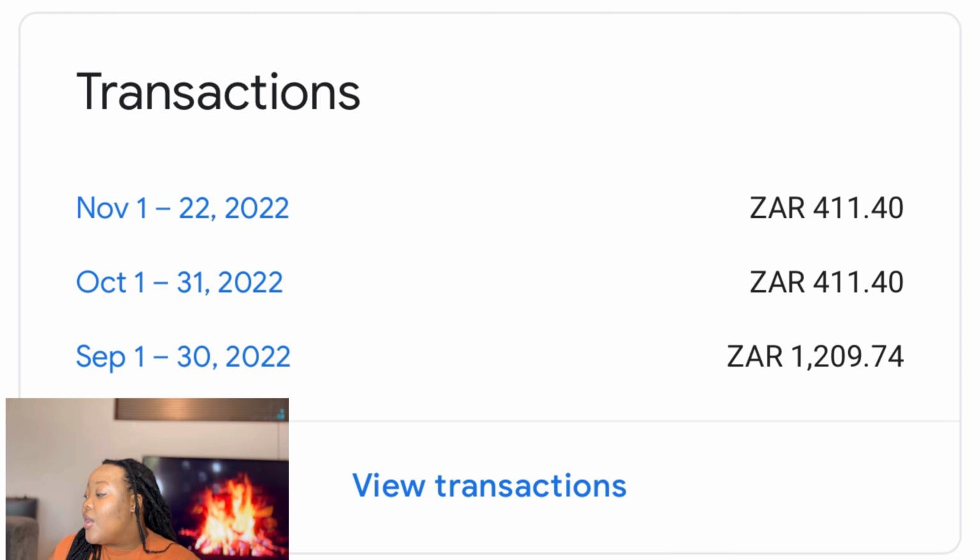Now let's look at my earnings from the 1st of October until the 31st of October. I have made 411 Rand in the month of October. This will mean that on the 21st of November, I'm not going to get paid, because I haven't reached the 1,000 Rand threshold again.